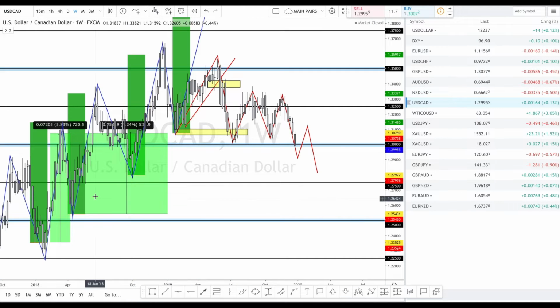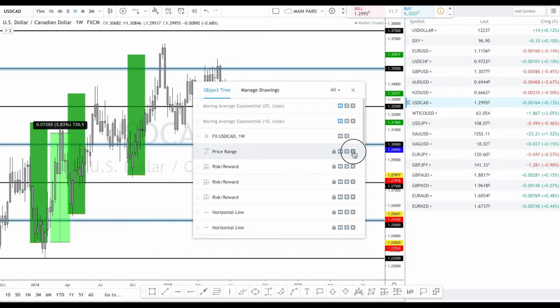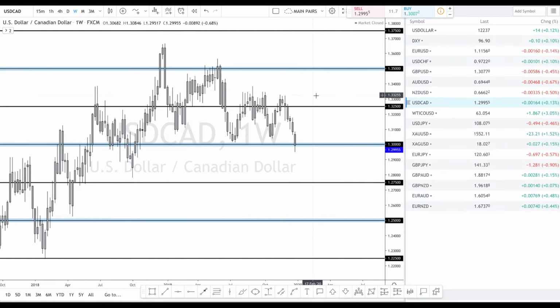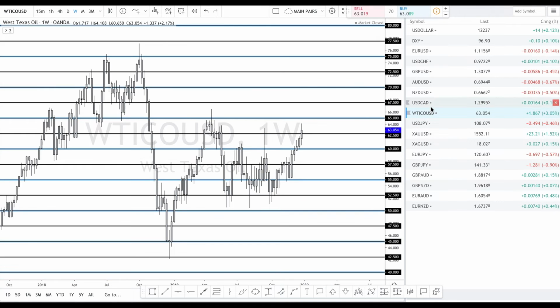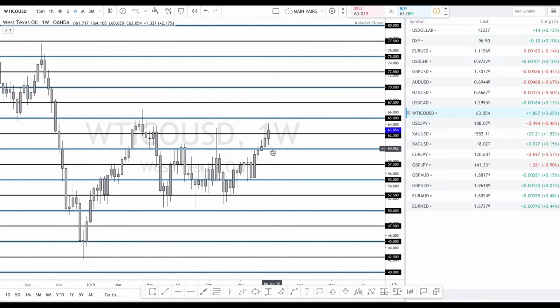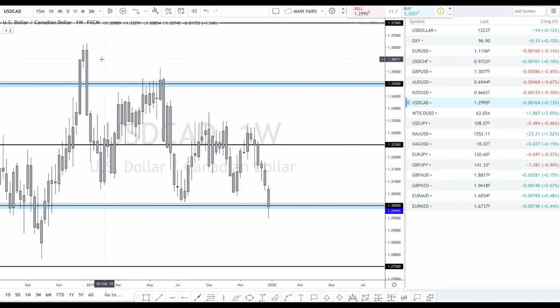US dollar CAD is correlated with oil, not on a trade to trade basis, more of a long term correlation. So you can see oil started bottoming out around June to September, where CAD started to top out around April, May, June.